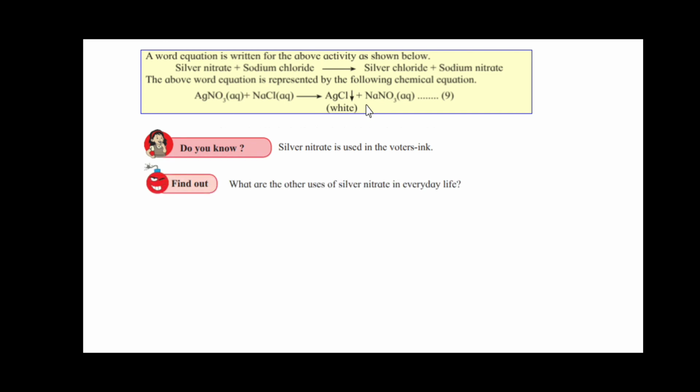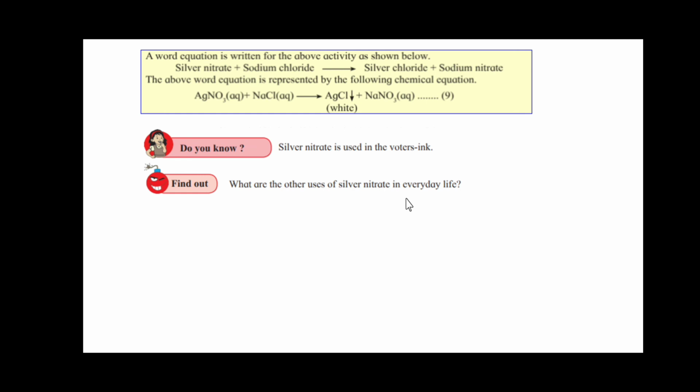Friends, here one thing we must know, that silver nitrate is also used in water purification. This is a use of silver nitrate. Find out what are the other uses of silver nitrate in everyday life. Friends, silver nitrate is used in developing photographic films. This is one more application in everyday life.